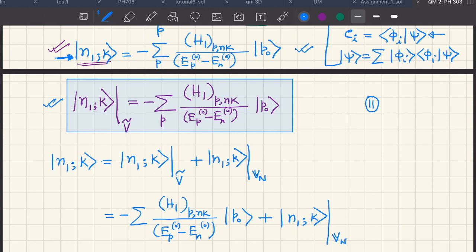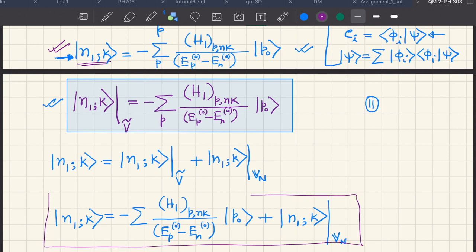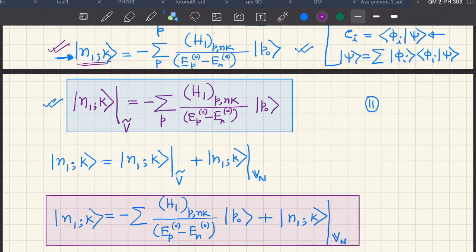So this is my full N1K. This is my full N1K. So let me put it in a box. This is a very important equation, and let me call it equation number 12.